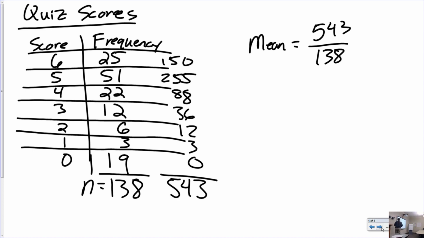So this concept of weighted mean can be just a regular mean where you're given a frequency table and the frequency drives the weight, or how many times did this number repeat? Same sort of concept, okay? And what did that work out to be approximately? 3.93.